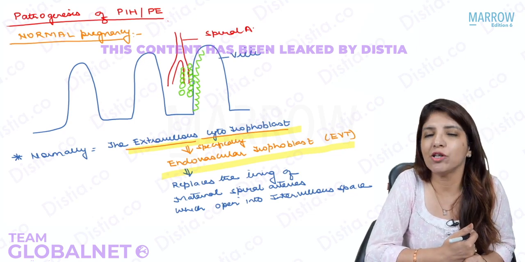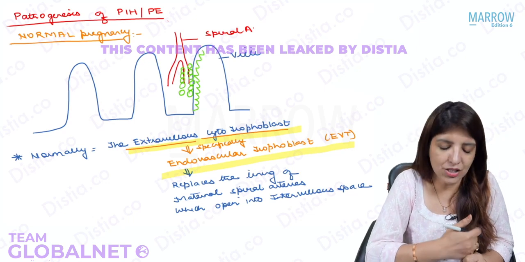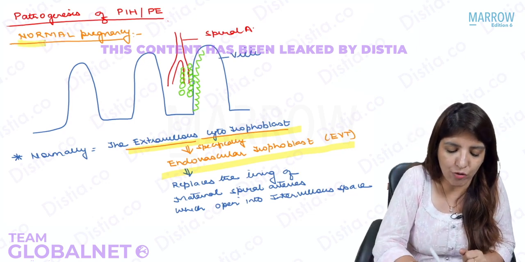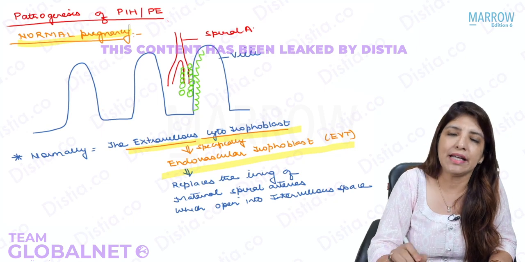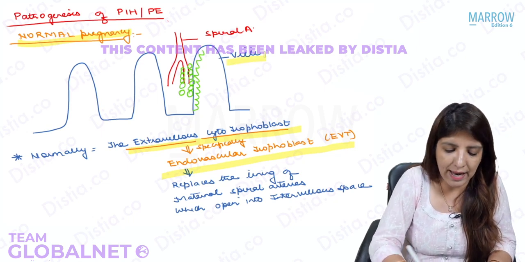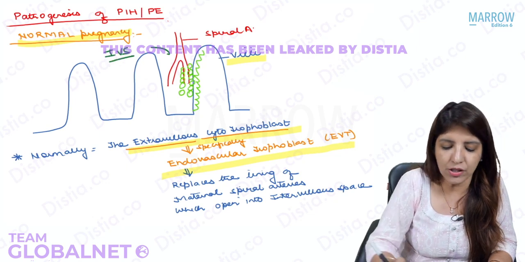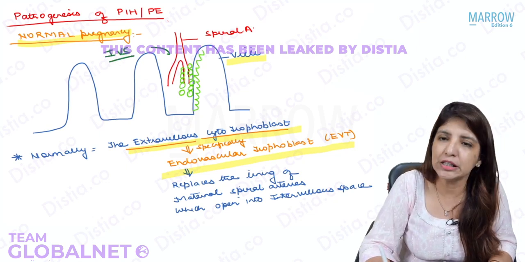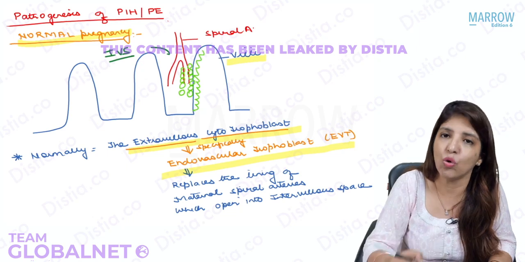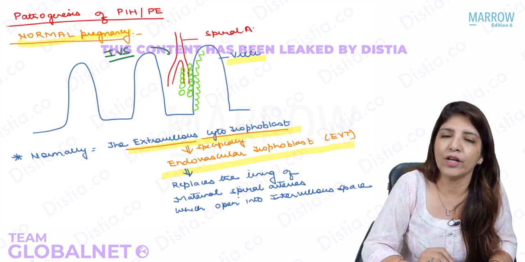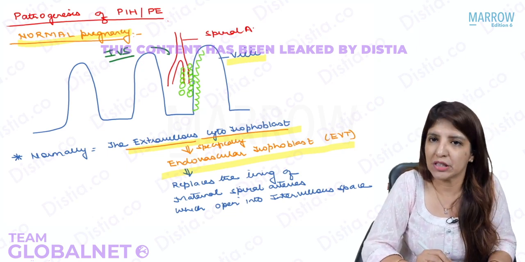Now, before I tell you about the pathogenesis of PIH, in normal pregnancy, if you remember, I told you that in the placenta there will be villi and there will be the intervillous space. Now, in this intervillous space, which has maternal blood, the spiral arteries are going to open and they are going to fill this intervillous space with maternal blood.